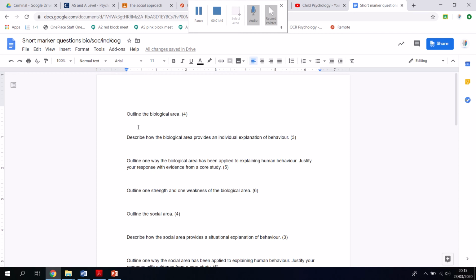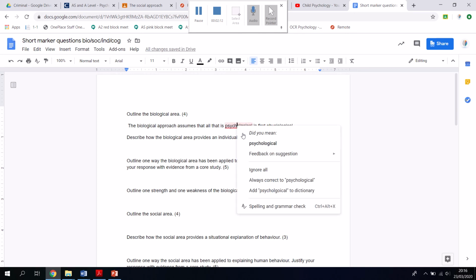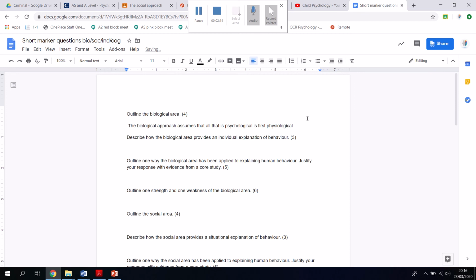For this, I may write that the biological approach assumes that all that is psychological is first physiological. This would essentially mean that all behaviour has a biological cause, okay, and that's what you need to outline there.